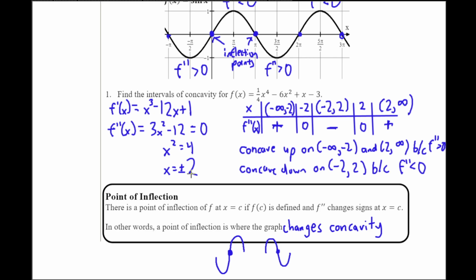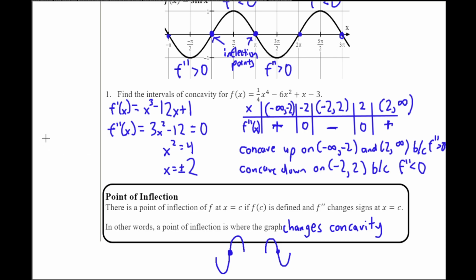For this question one we just did where we found the intervals of concavity, just as an extension, we can say that you see at -2, the function goes from concave up to concave down.